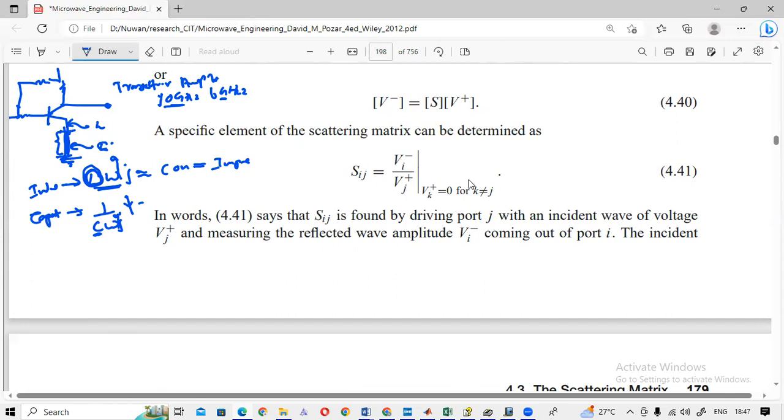So it does not look like a short circuit. We see it as a short circuit, but logically it is not. Some impedance is there.